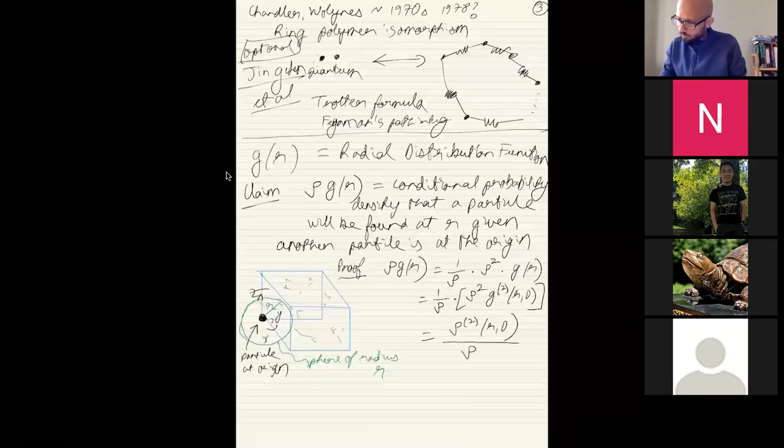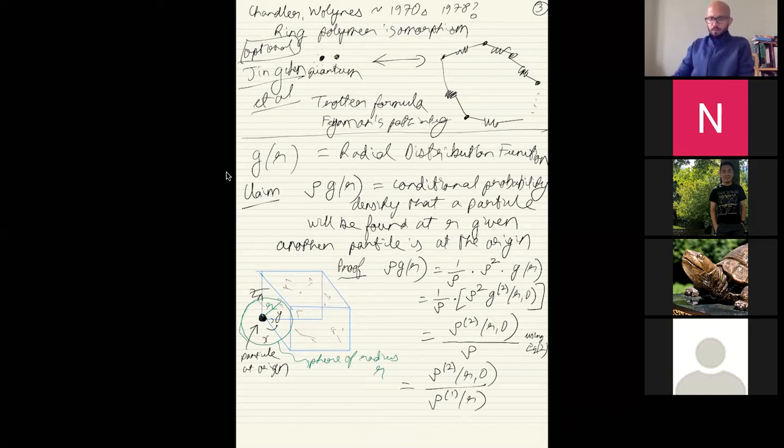So this is using equation 2, or this can be rewritten as rho 2 of R comma 0 by rho 1 of R.